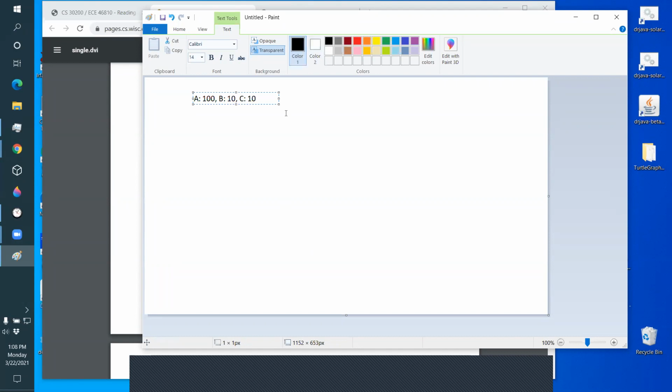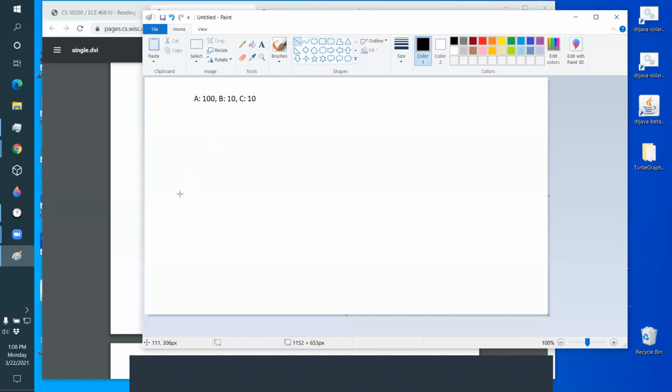We're going to assume that A arrived first. So we'll start by running A. A is going to go out here to time 100, and then here will be B. B will run from 100 to 110, and C will run from 110 to 120.